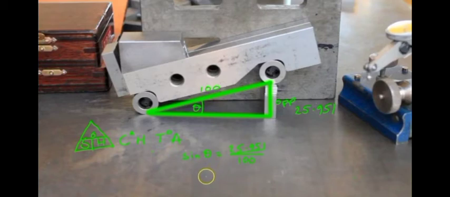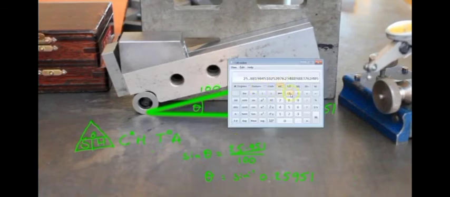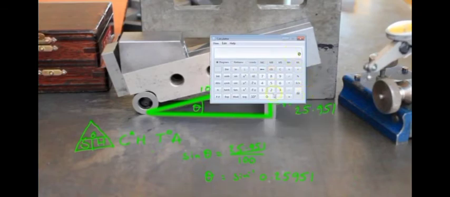So we need to process that, and to find out theta we're going to use the inverse sine of this, which should be 0.25951. Again, we'll put that in the calculator: 25.951 divided by 100.